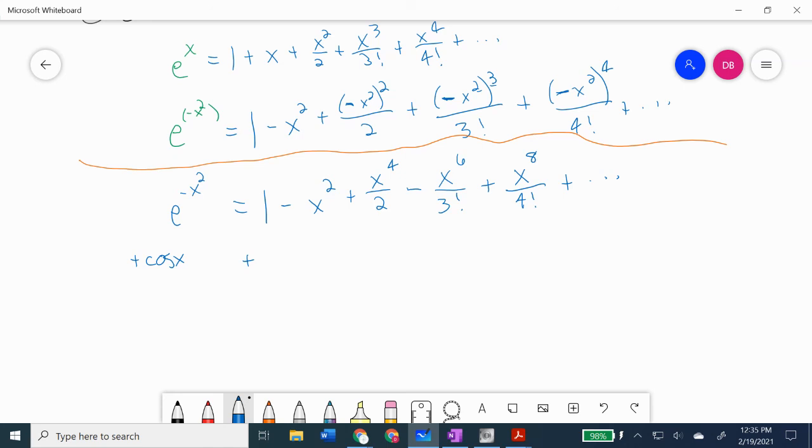Cosine is even. It is an even function symmetric to the y-axis. So it starts with the constant 1, and then it alternates the sign to a negative, and that term is x squared over 2 factorial. Then it goes back to positive, x to the 4th over 4 factorial. Negative, positive.